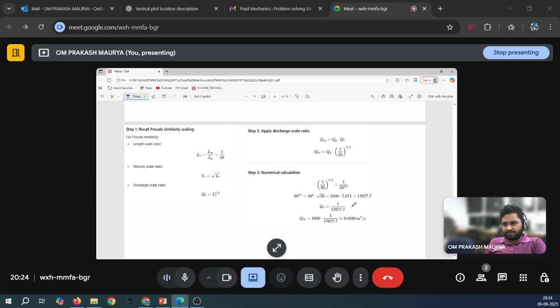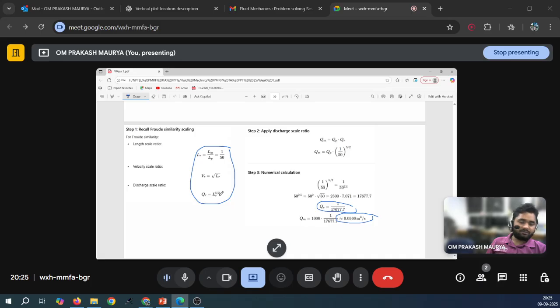So your QR is equal to this much after the calculation, and when you calculate QM, QP into QR, you will get the final answer 0.056.